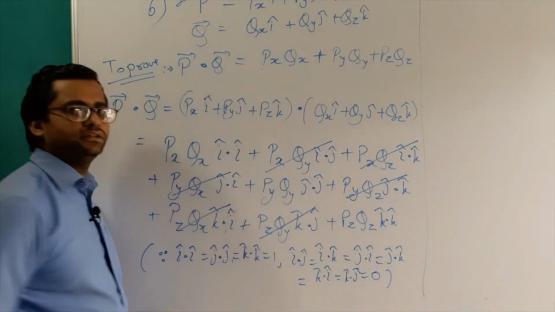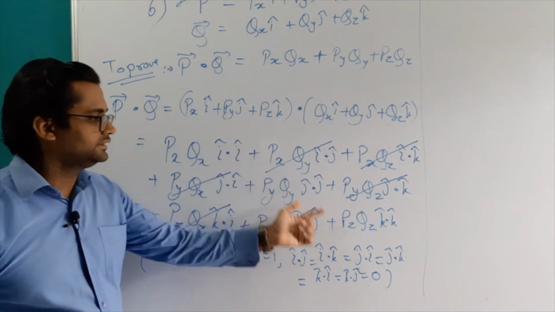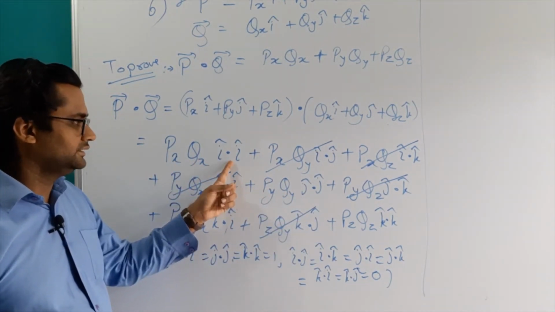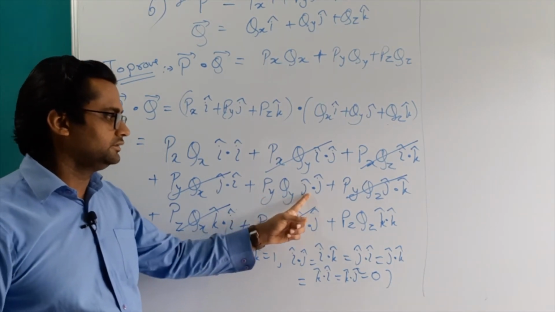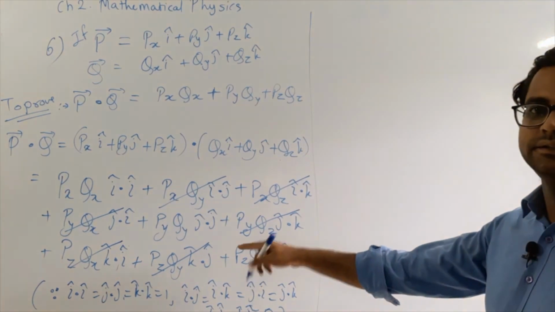Since these are perpendicular vectors, all these dot products are 0 and these dot products are 1. So what is left here is px into qx into 1 plus py into qy into 1 plus pz into qz into 1. Now what is left here?